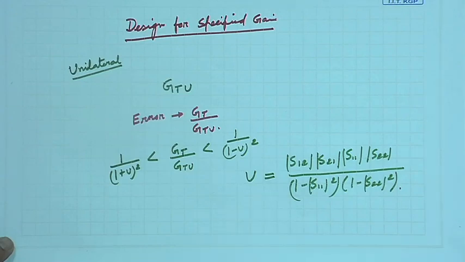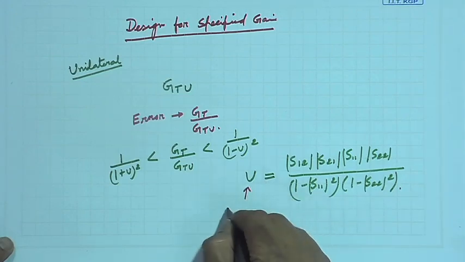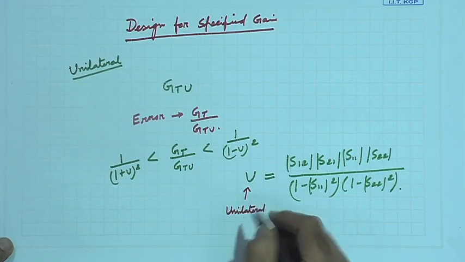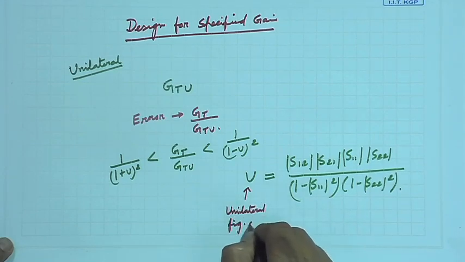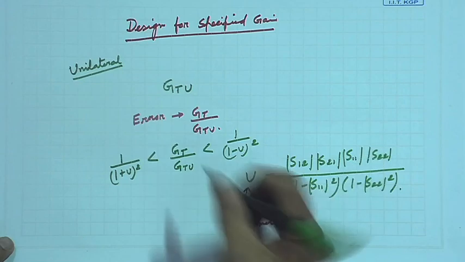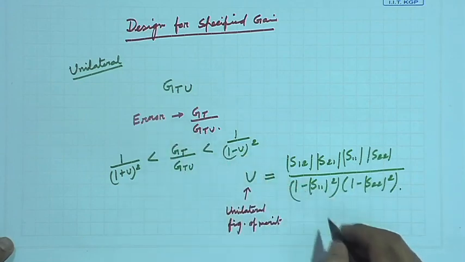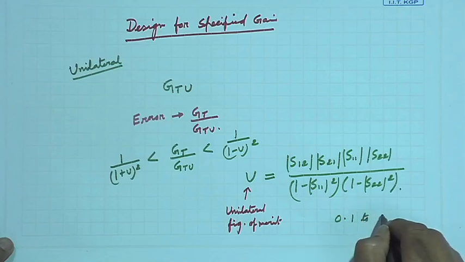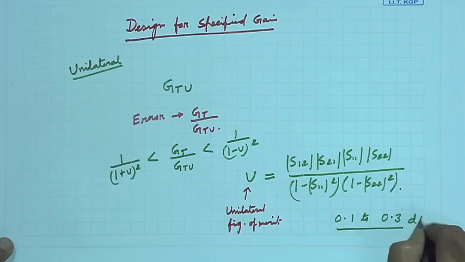So, this parameter u is called the unilateral figure of merit, and people have shown that usually this error is within 0.1 to at the most 0.34 dB.